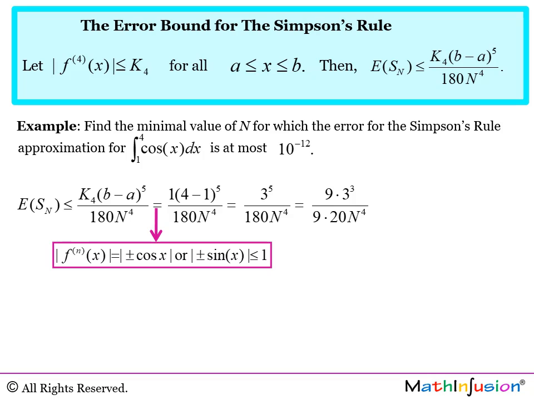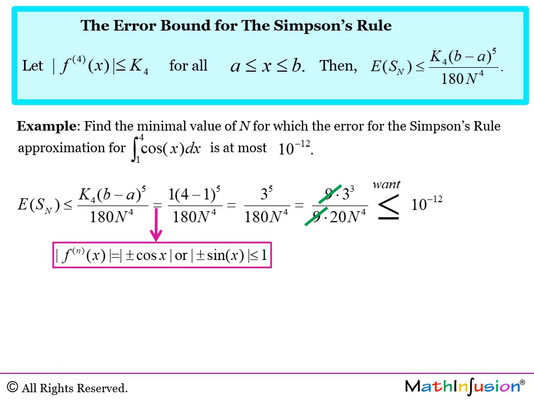We get that. 180 is divisible by 9. Okay, so we are writing 180 as 9 times 20, and we write 3 to the power of 5 as the product of 9 and 3 cubed. Now I would like all that to be less than 10 to the minus 12.